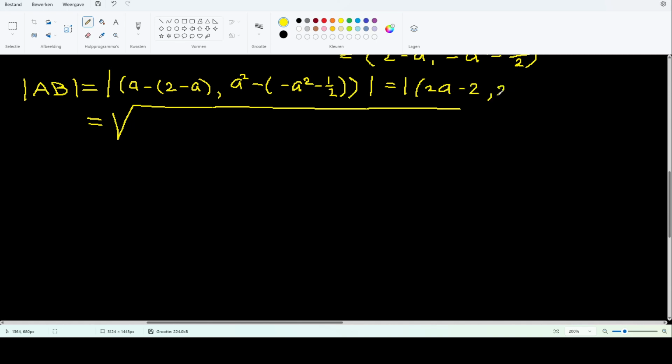And here it's 2a square minus 1/2 plus 1/2. So that's what it is. Okay. So now we have to square this one. And we have to add the square of the other components.